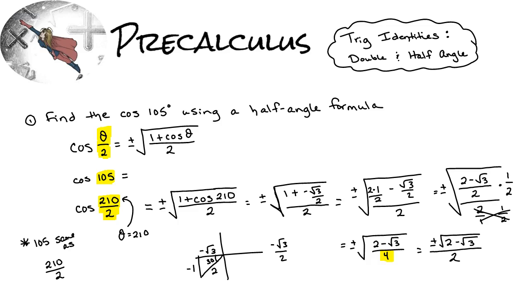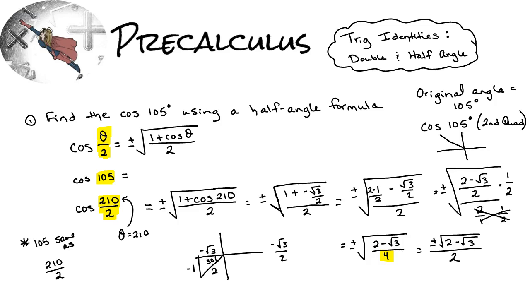Now the plus or minus is based off of the original angle. So the original angle was 105. And the cosine of 105, which is in the second quadrant, if we think about the unit circle, cosine in the second quadrant is negative.